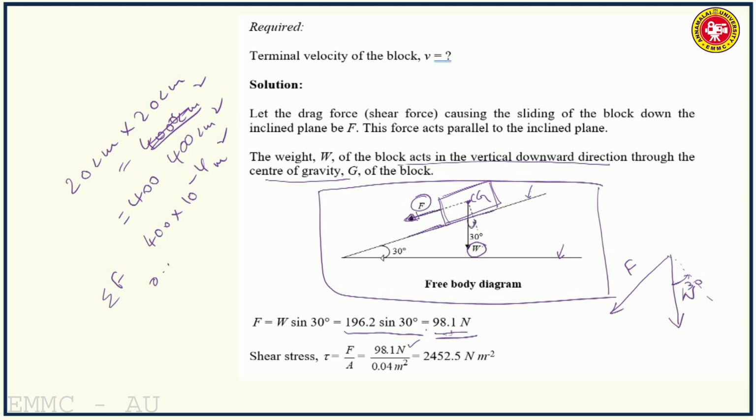So you get 0.04 meter square, because 1 centimeter square is equal to 10 power minus 4 meter square. So 0.04 meter square is the area. So you get the shear stress that is developed at the bottom of the plate as 2452.5 Newton per meter square.